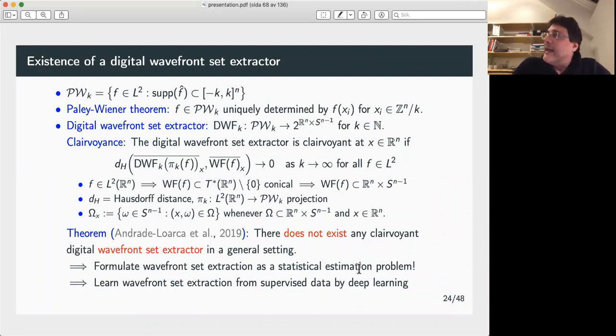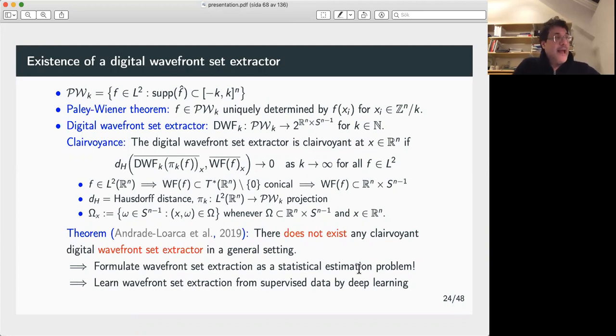So this also indicates that maybe we should take a different viewpoint of what we mean by extracting the wavefront sets. And anyway, if you want to do machine learning in this context, that also points to needing to phrase this as a statistical estimation problem.